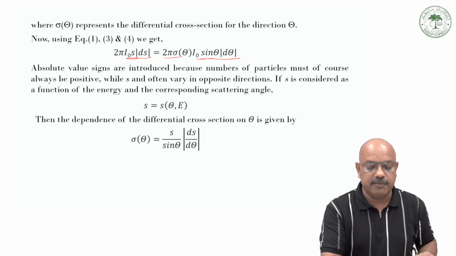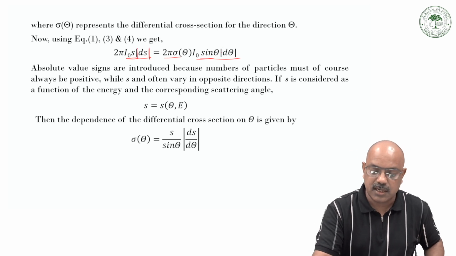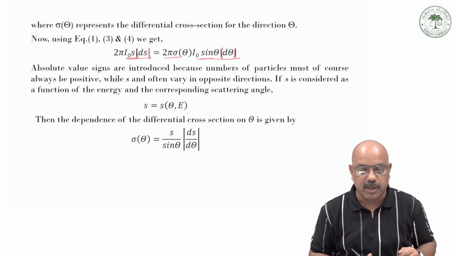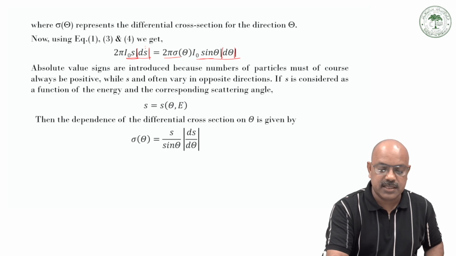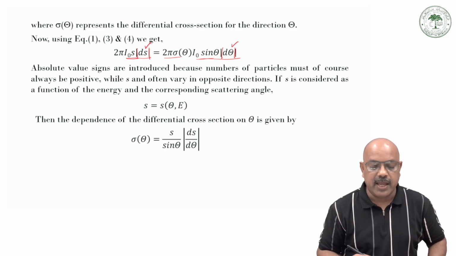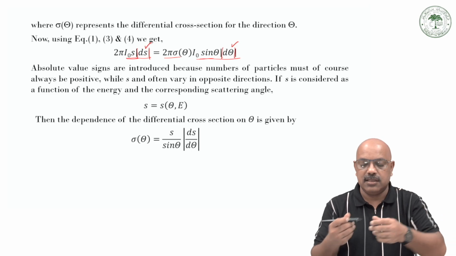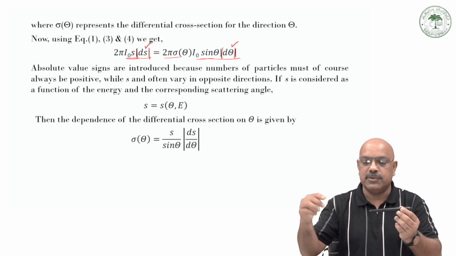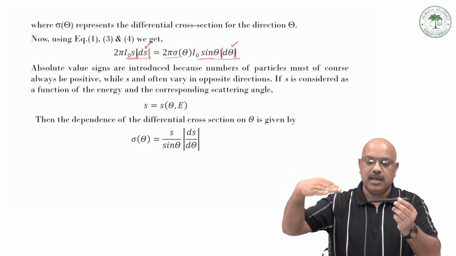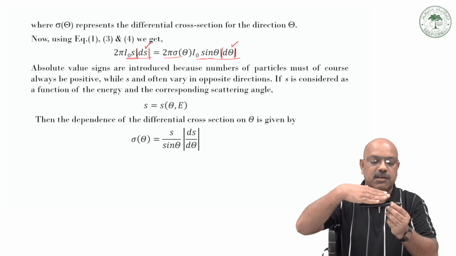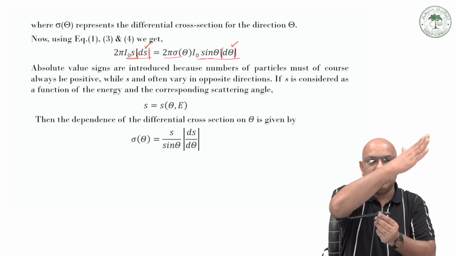So here this is taken under mod to take care of negative and positive, because s and theta are related. s is the impact parameter, and as the particle comes closer to the scattering force center, the impact parameter is less, so the deflection will be more, because theta will be more.